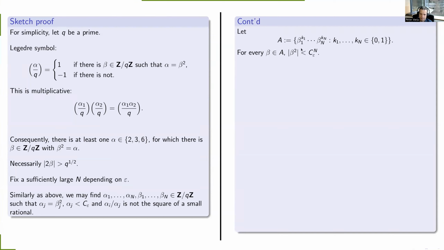Because if you have a product of betas, then the square is going to be the corresponding product of the alphas, and each of the alphas is bounded by C epsilon, so beta squared is not going to be bigger than C epsilon to the n.